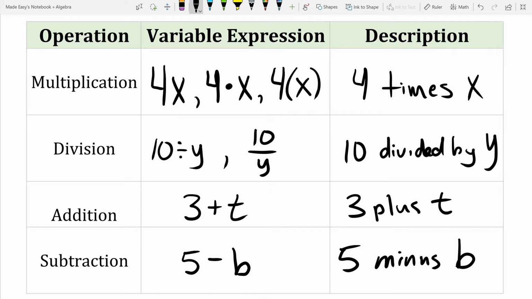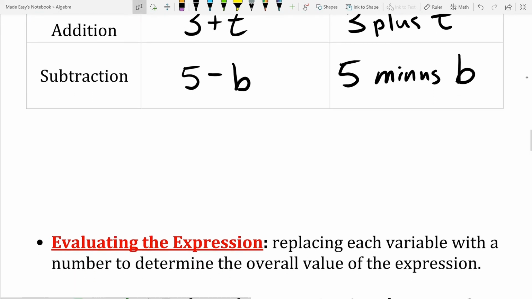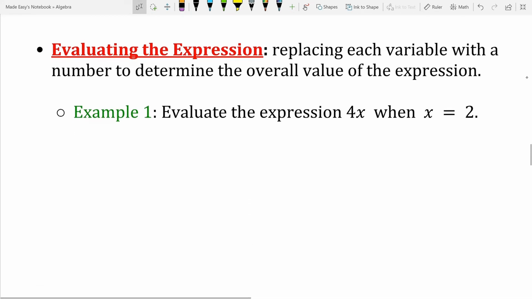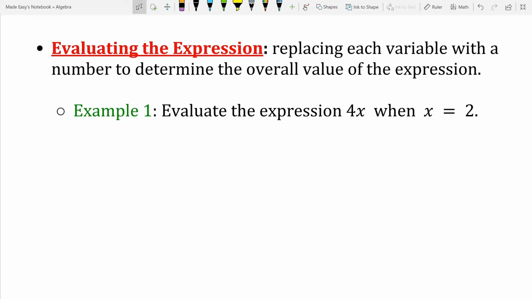Now let's talk about evaluating an expression. So here's where we get to solving algebraic problems. Evaluating the expression means replacing each variable with a number to determine the overall value of the expression. We have an example here that is using multiplication because we can see that the 4 is touching the x. So what we need to do here is replace our x with 2.